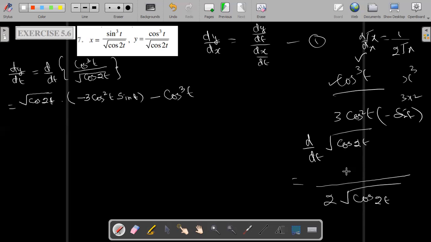Then differentiate cos. The differential of cos is minus sin 2t. Then the differential of 2t is 2. So this 2 and 2 will cancel.